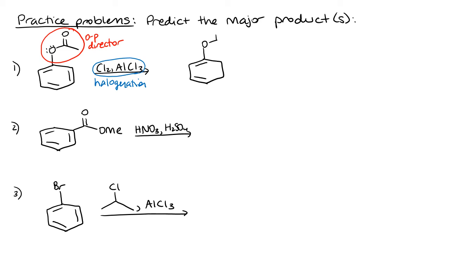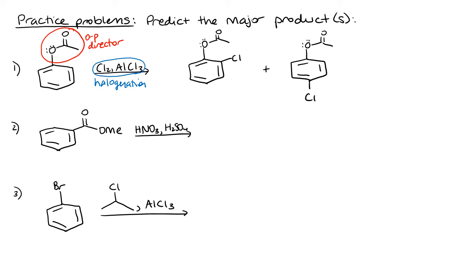We're simply asked to write the products, so we don't have to worry about the mechanism. I will get one product where we have the chlorine at the ortho position and one where it's at the para position.